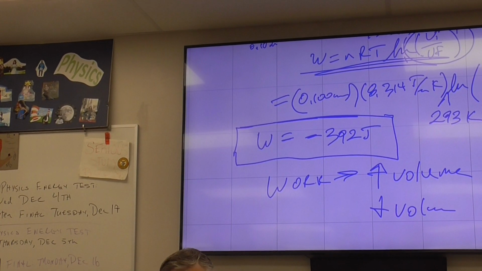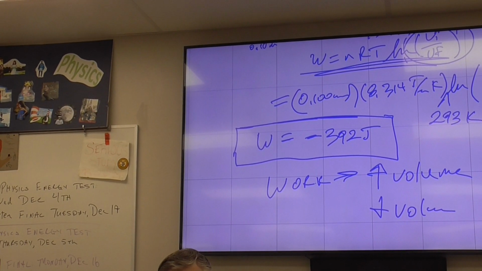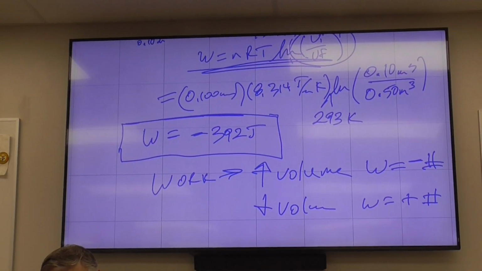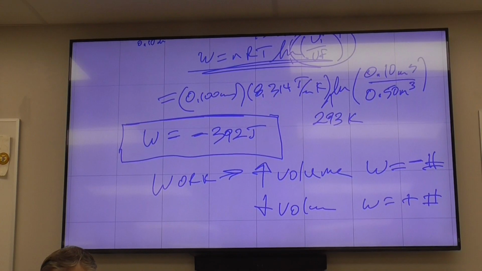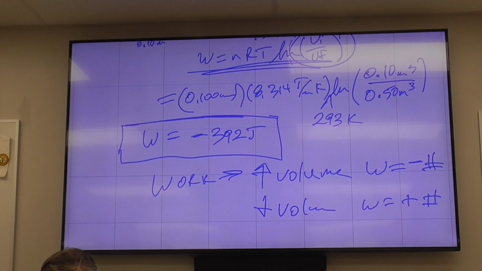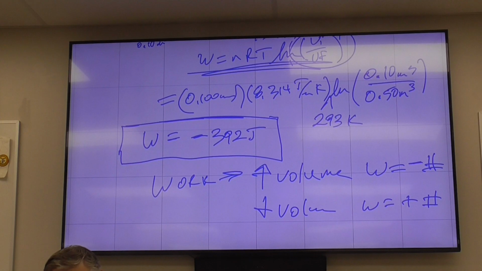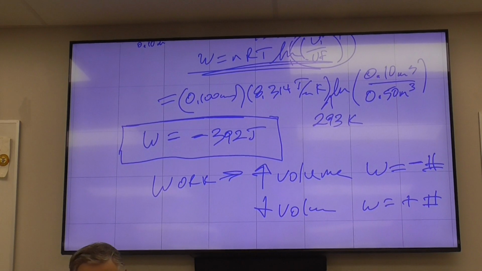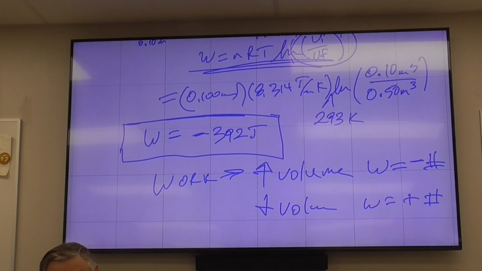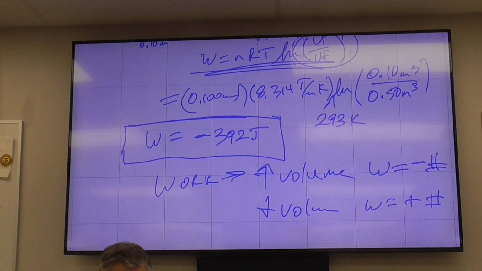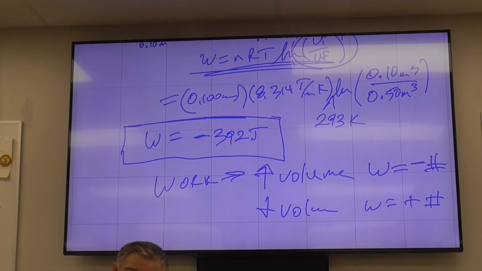Do you do work on it? Yes, because you're increasing the pressure and decreasing the volume. And then once it gets past that, it expands, returns to normal, and that costs energy.